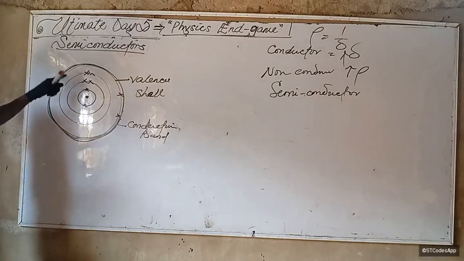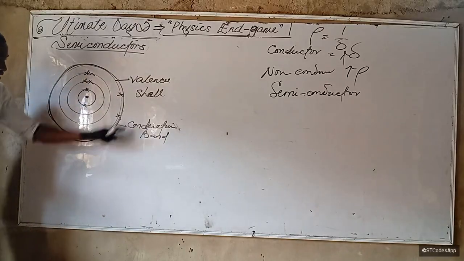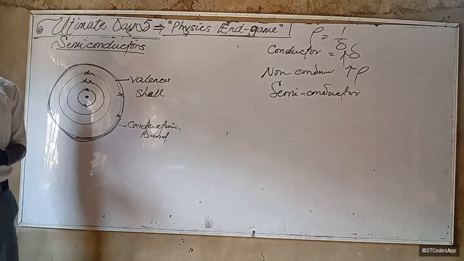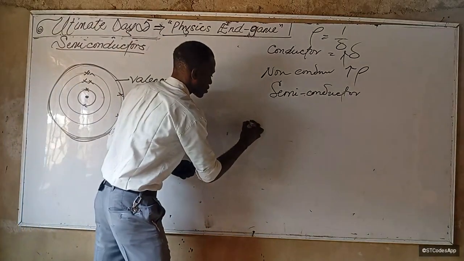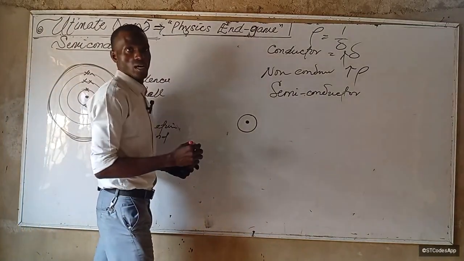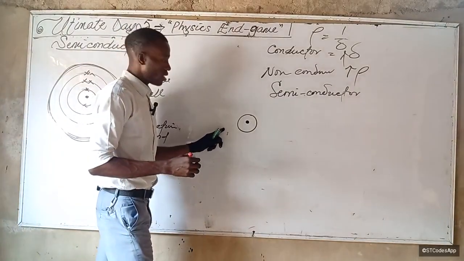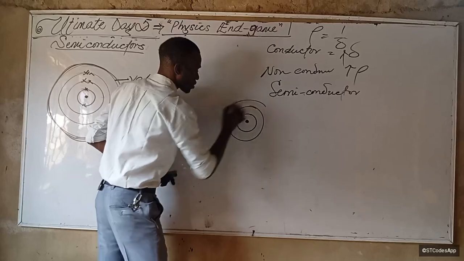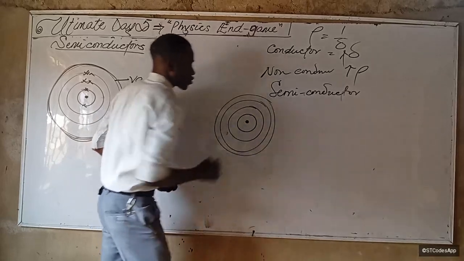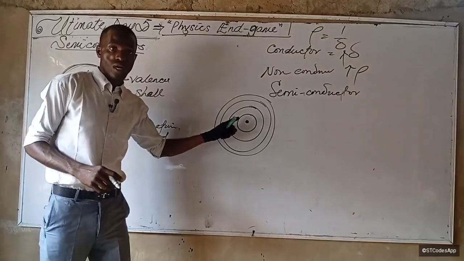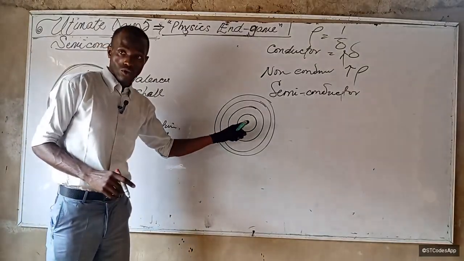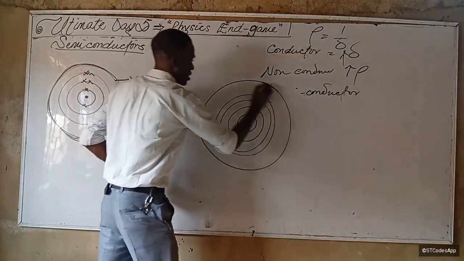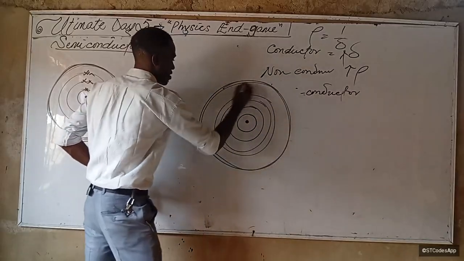Now, if you look at this valence shell and the conduction band, what's the distance? Is there much distance between them? For you to see it clearly, look at that of a non-conductor rather. These are our levels. Are you with me? For this particular non-conductor, there is an energy band around it.